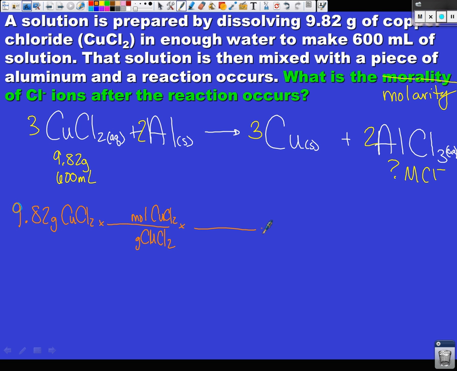I know I can't stop there. I may not know where I'm going, but that on top I've got to get rid of, so at least I have to put it at the bottom. So moles of CuCl2. I asked you a minute ago, what's the only way to get from one compound to the other? Am I at my mole to mole step? Yes. I'll stop right here and answer questions.